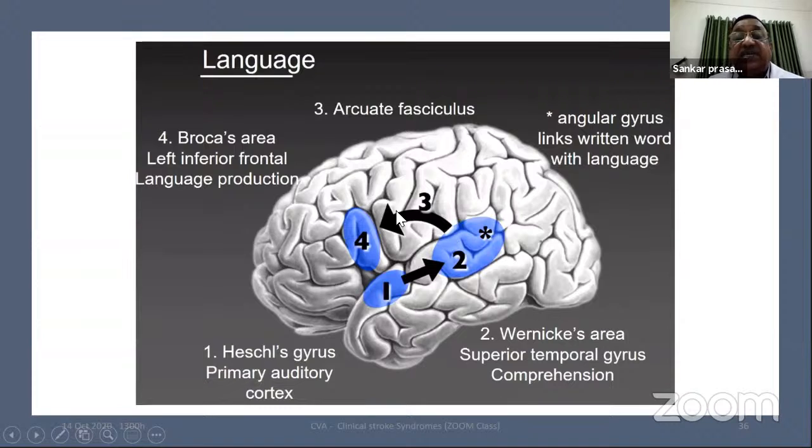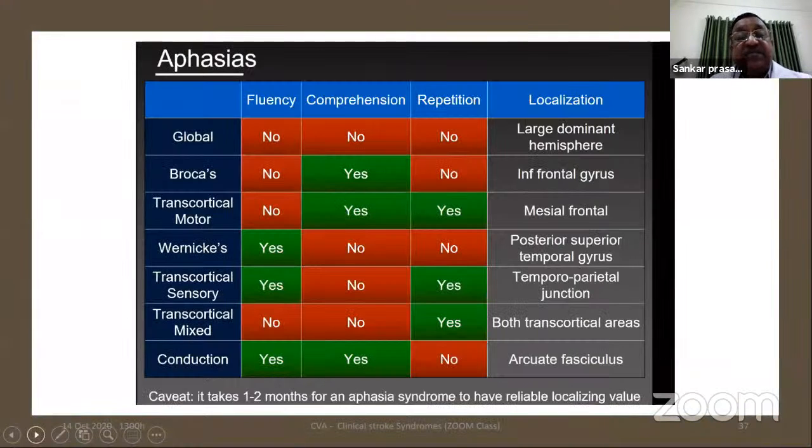So these areas can be disconnected because of the stroke and give rise to various types of language disturbances called aphasias: fluency, comprehension, repetition.